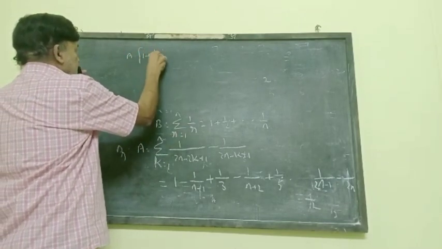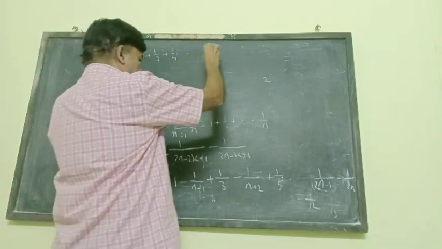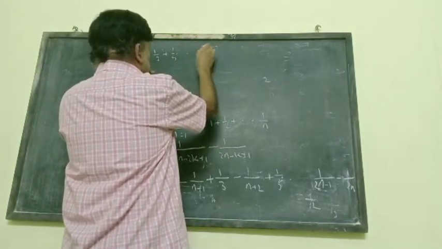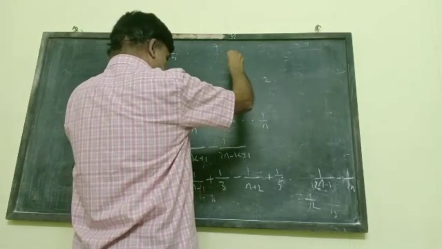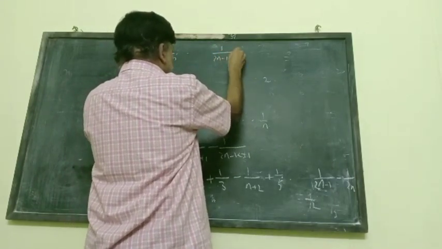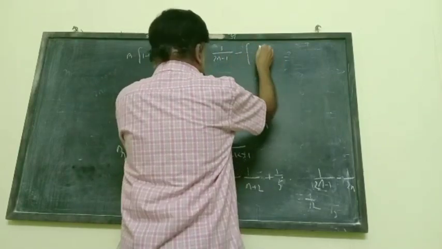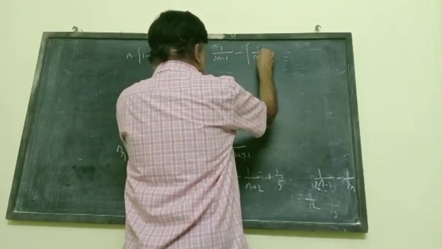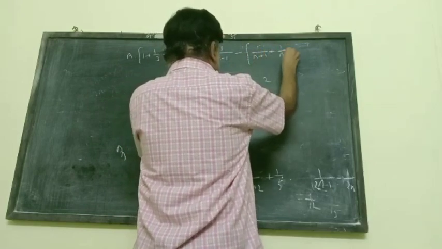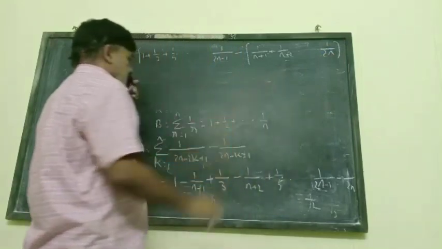1 plus 1 by 3, 1 by 5, etcetera, up to 1 by 2n minus 1, minus 1 by n plus 1, 1 by n plus 2 up to 1 by 2n, like this.